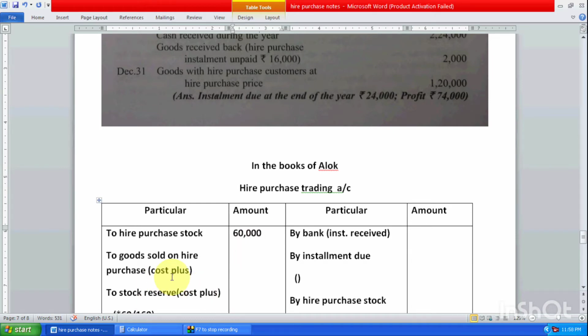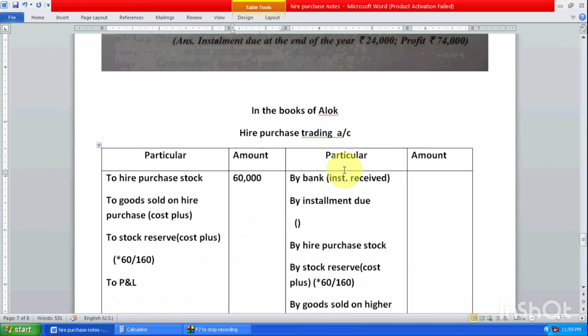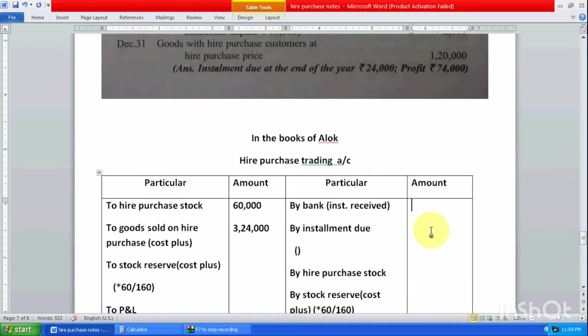Now goods sold on hire purchase. Here you can see 3,24,000 goods sold on hire purchase, and it is cost plus already. Now how much have we received from customers? 2,24,000 we have received from customers, so write 2,24,000. The next entry is installment due.